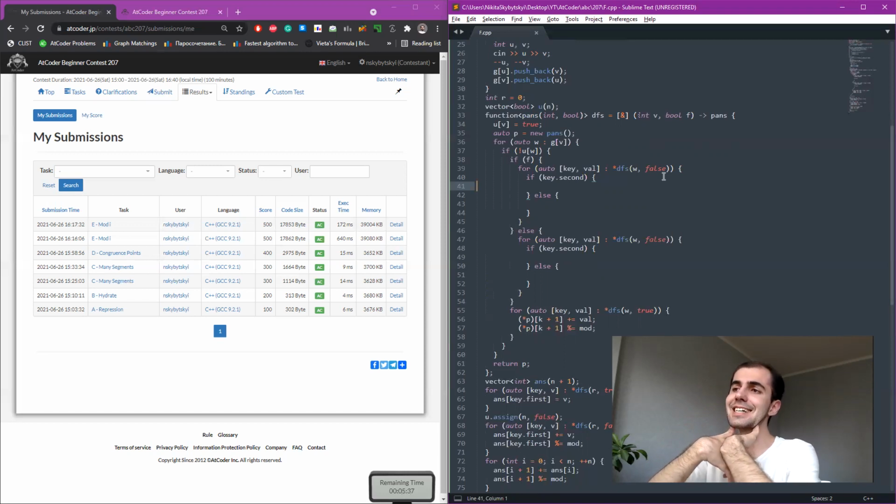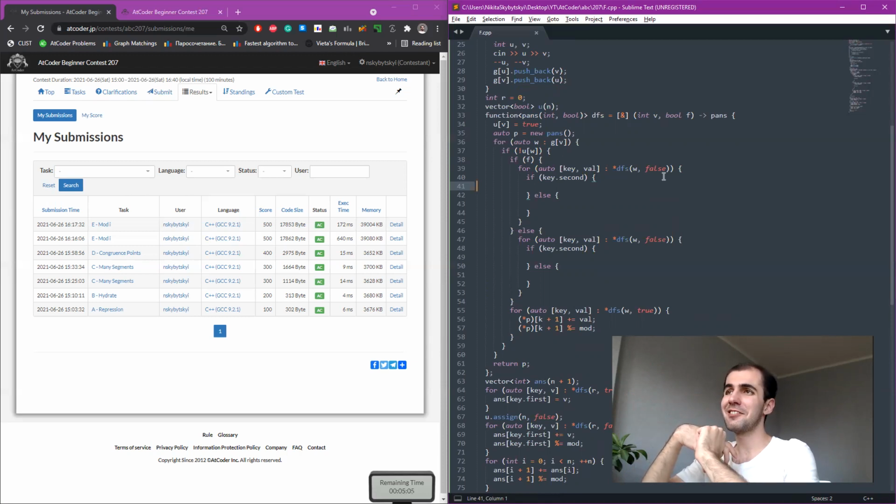And no, the idea is correct that you want to count how many ways there are to cover exactly k vertices in a subtree of some vertex, and also considering two options: whether you cover the vertex or you don't, and whether it got covered via some other vertices or it hasn't.